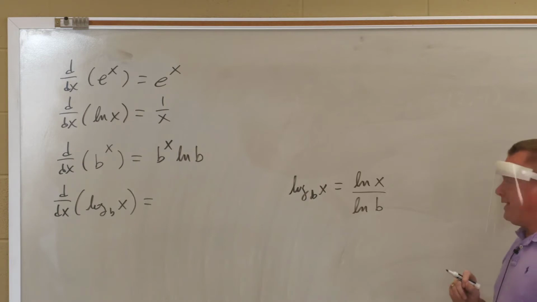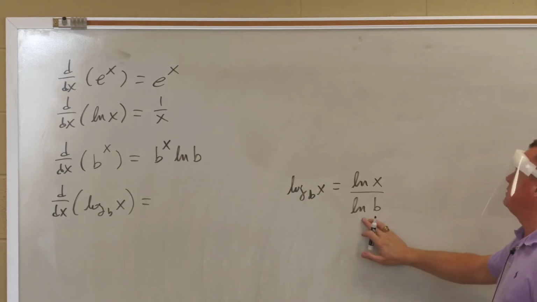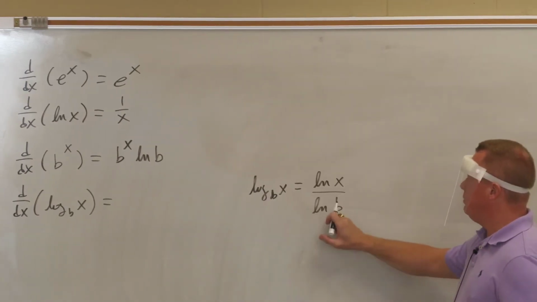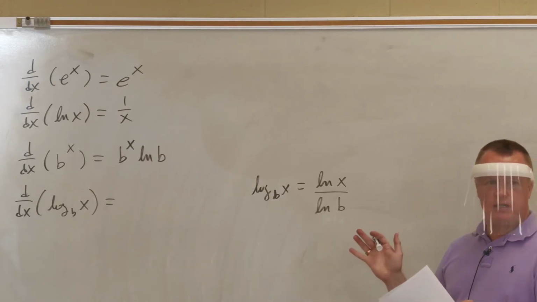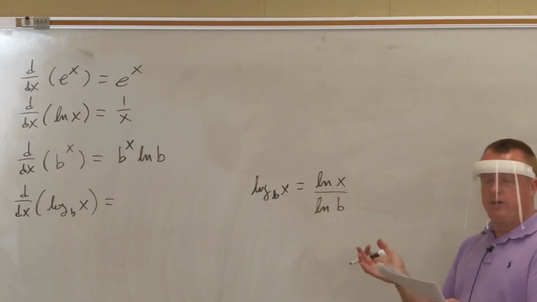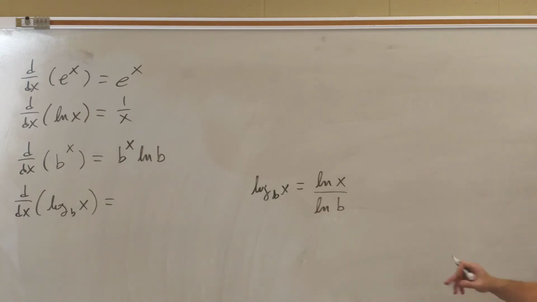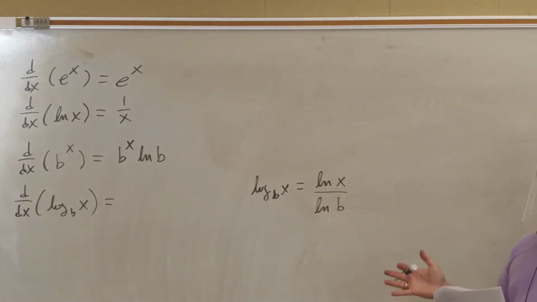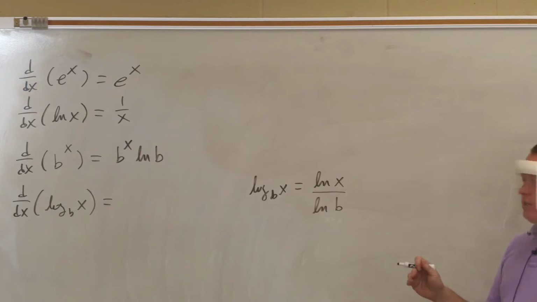Notice the ln of b is just a constant. It's just the ln of whatever the base is here. So if you're taking the derivative of a constant times something, you just bring the constant down. So you still have ln of b.